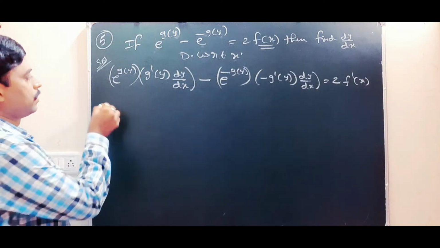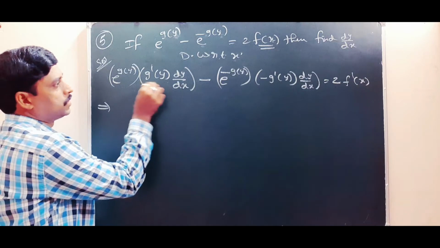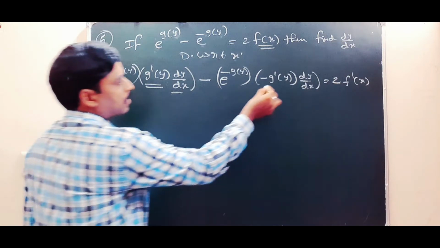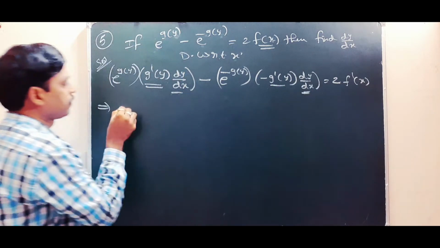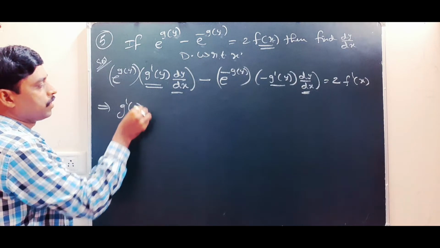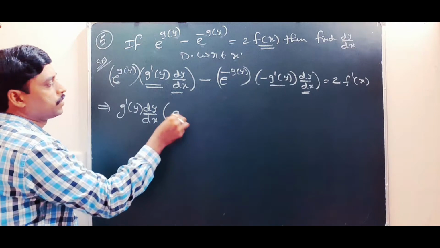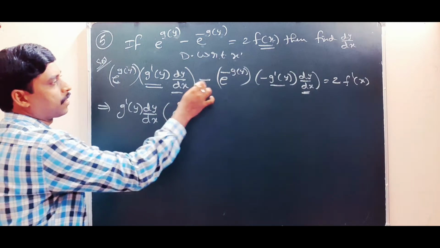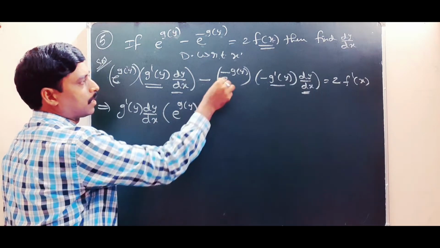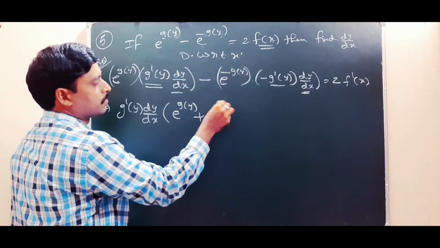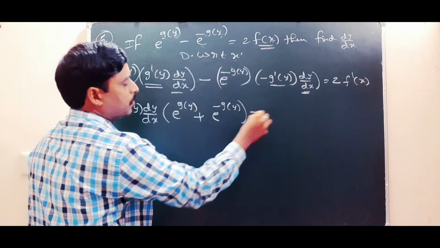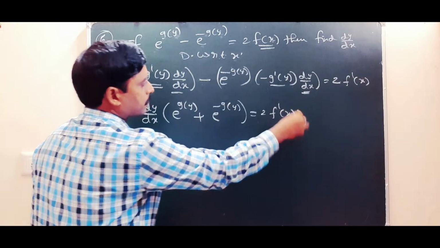Okay, in this, take g dash y into dy by dx common: g dash y into dy by dx into (e to the power g of y plus e to the power minus g of y) equal to 2 times of f dash x.